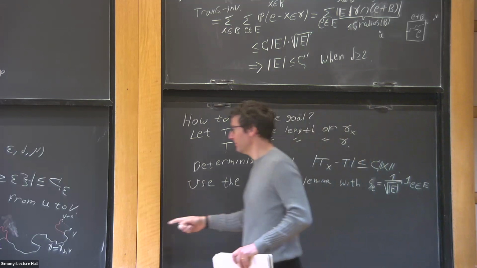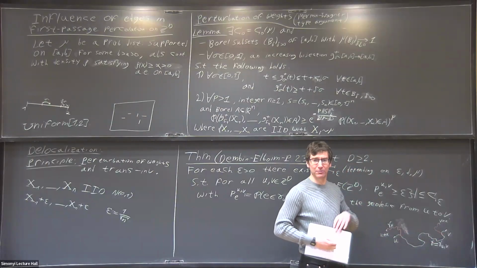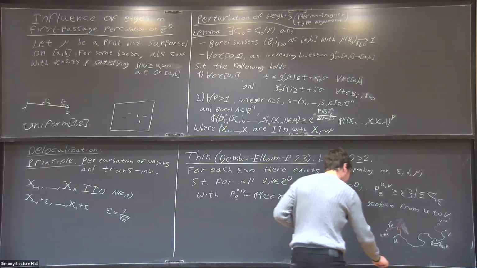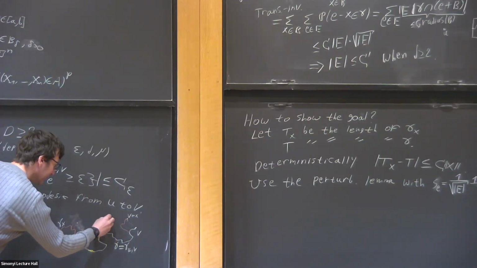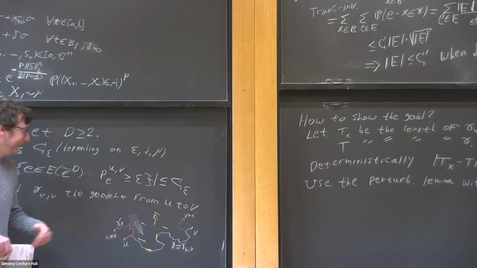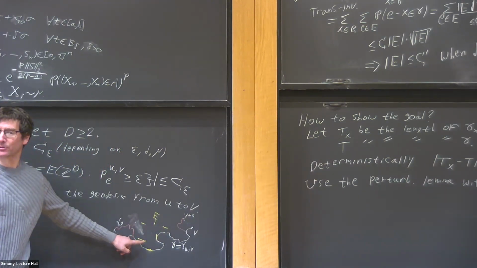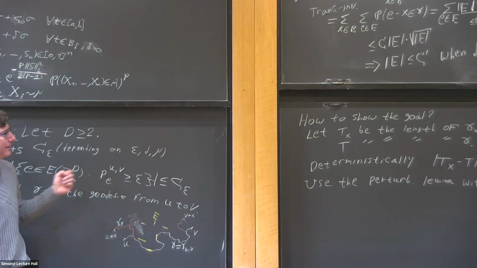I have my geodesic gamma, and I have the collection of edges E. Maybe there is an edge here, an edge on the geodesic, another edge on the geodesic, another one here. I don't know, this is the collection of edges E. I'm going to increase the weights on E. E is a deterministic set, the set of influential edges.